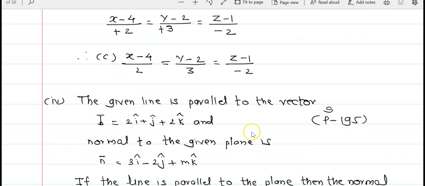The given line is parallel to the vector. This is the solved problem on page number 195. Parallel to the vector b bar, and the normal to the plane is n bar is equal to 3i minus 2j plus mk.